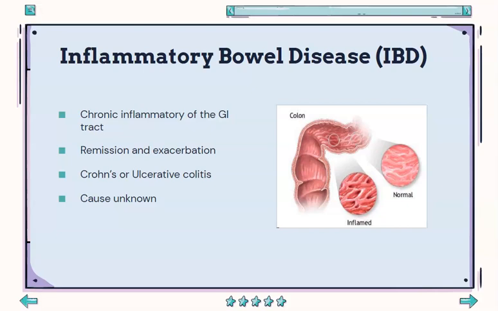So really, inflammatory bowel disease is a chronic inflammatory process of the GI tract. They can go through periods of remission and periods of exacerbation. Crohn's or ulcerative colitis are the two disease processes that fall under inflammatory bowel disease.